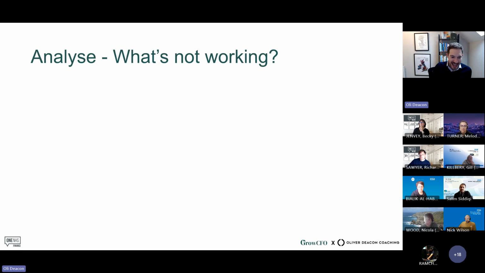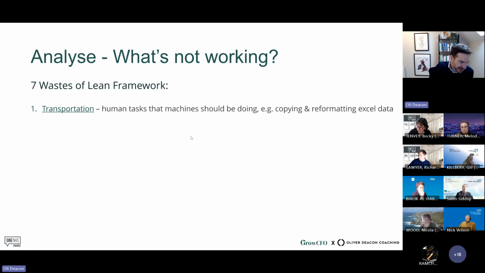Rich does, of course. Anyone else? No, I've got one person who remembers them. So, the 7 wastes of lean are from the concept of lean and agile, about how things are not going well for us. And what we've done is we've taken the 7 wastes of lean and applied them to the finance processes. So, let's take a look.